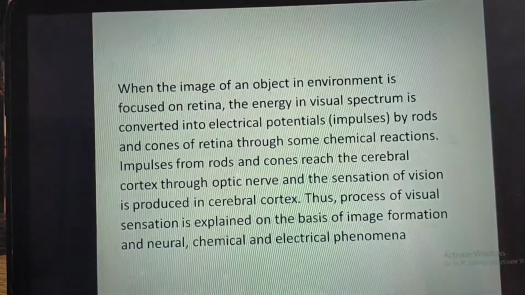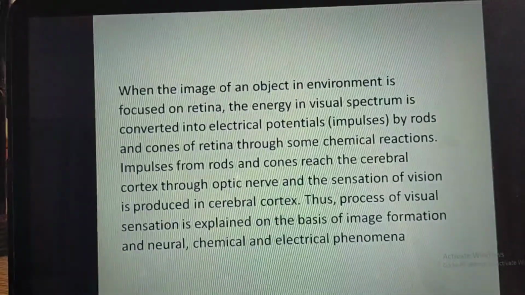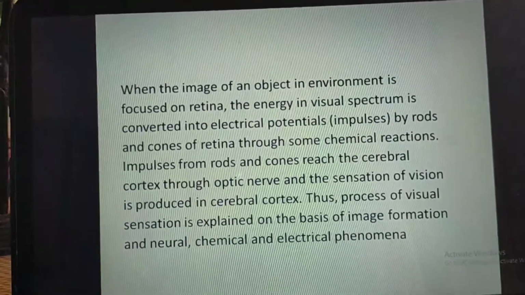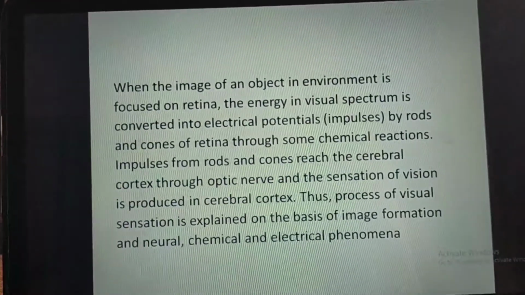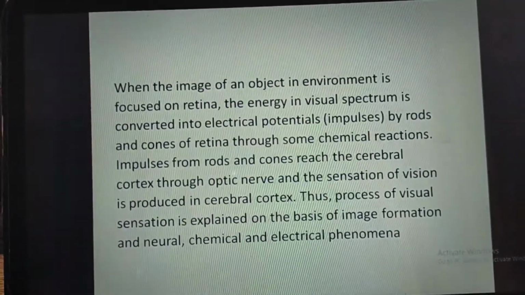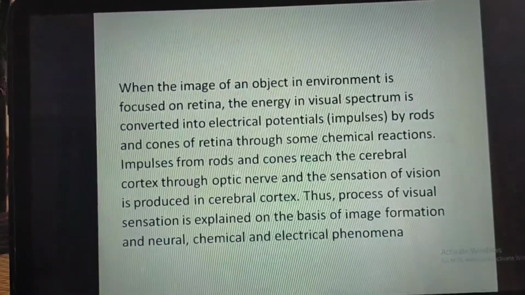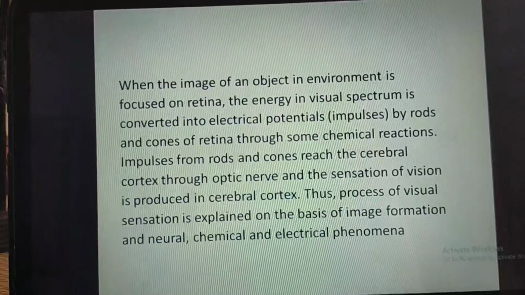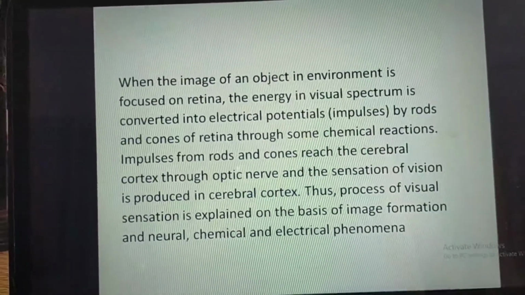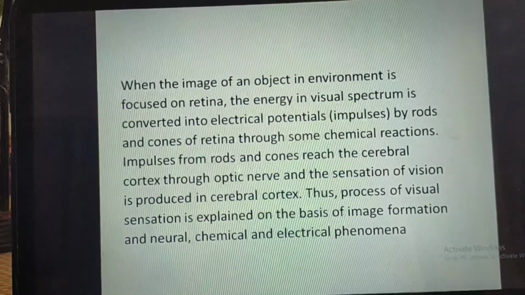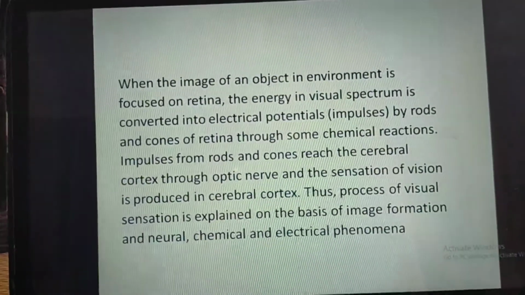Impulses from rods and cones reach the cerebral cortex through the optic nerve, and the sensation of vision is produced in the cerebral cortex. Thus, the process of visual sensation is explained on the basis of image formation and neural, chemical and electrical phenomena.